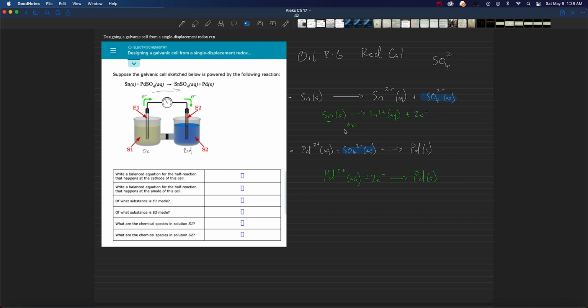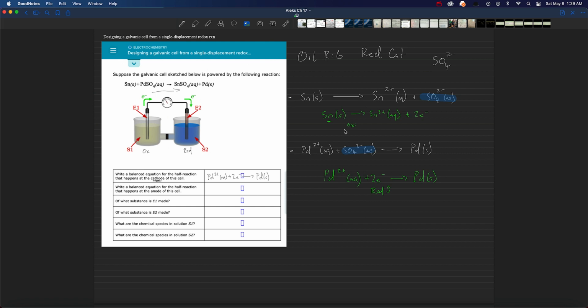Now, what are they asking for? Cathode. So cathode is reduction. Reduction is over here. So we're going to put Pd2+ aqueous plus 2 electrons equals Pd solid.